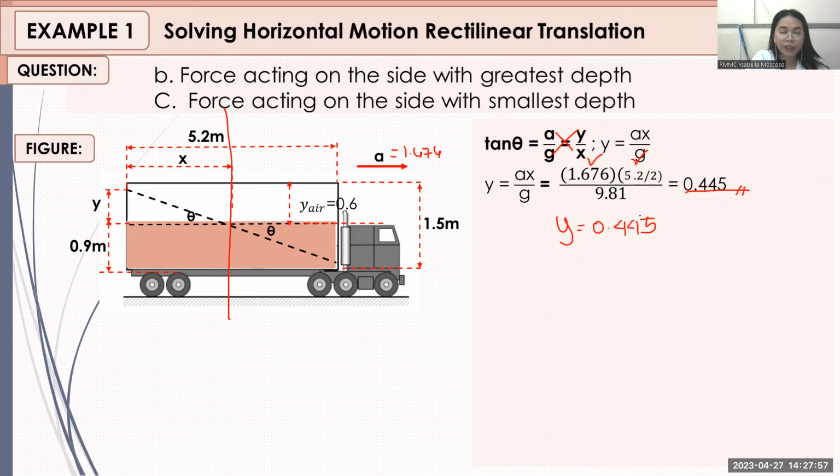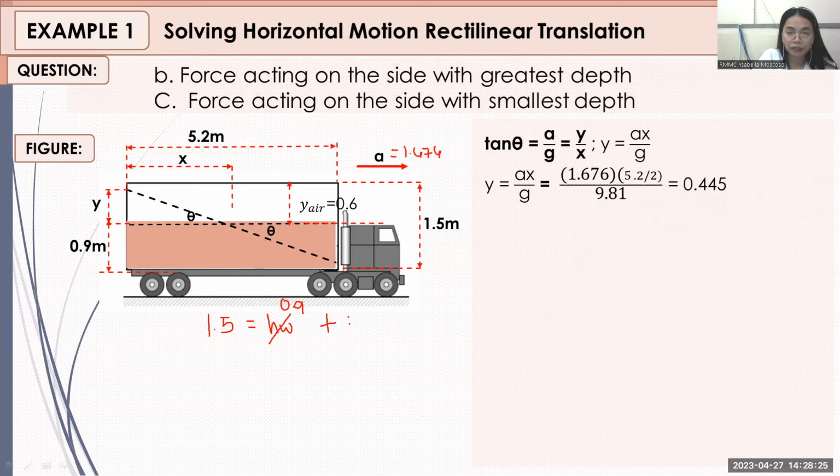0.445. So initially, balikan natin tong ating diagram. Initially, ano ba yung height ng air natin nung wala pang movement yung ating vessel? Di ba? That is 0.6. Paano naging 0.6 yan? The total height of your vessel is 1.5. Okay? The height of your fluid, the height of your water is 0.9.